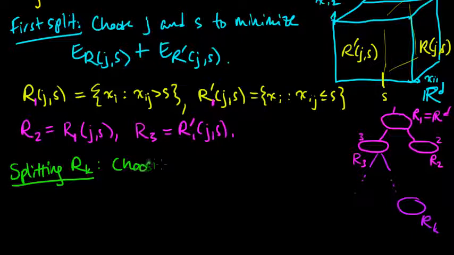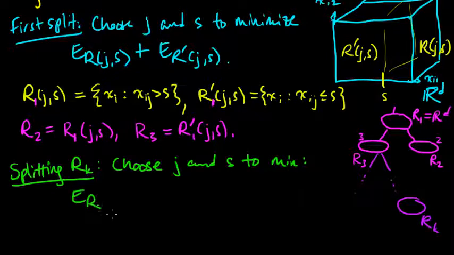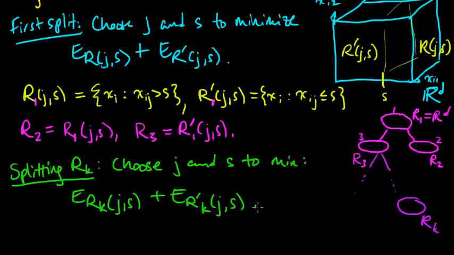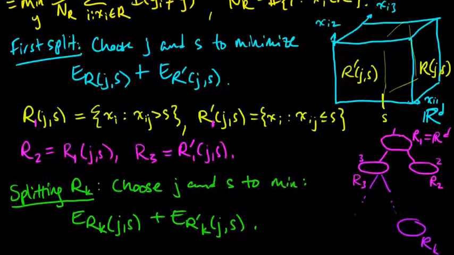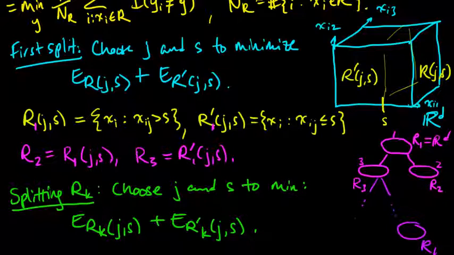To do that, we choose, just like before, J and S to minimize E of R_K J S plus E of R_K prime J S.